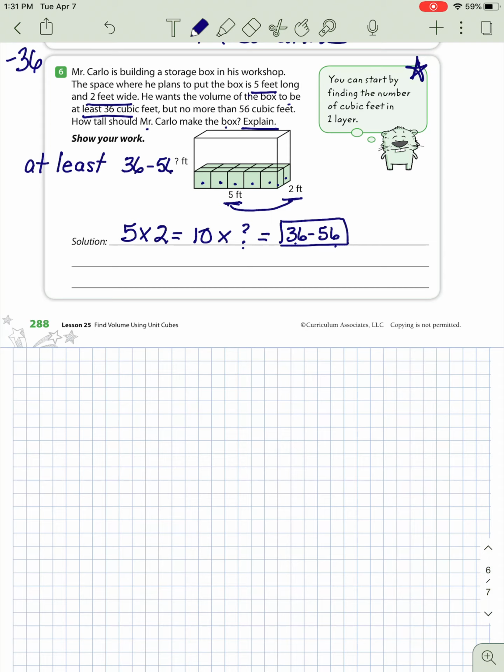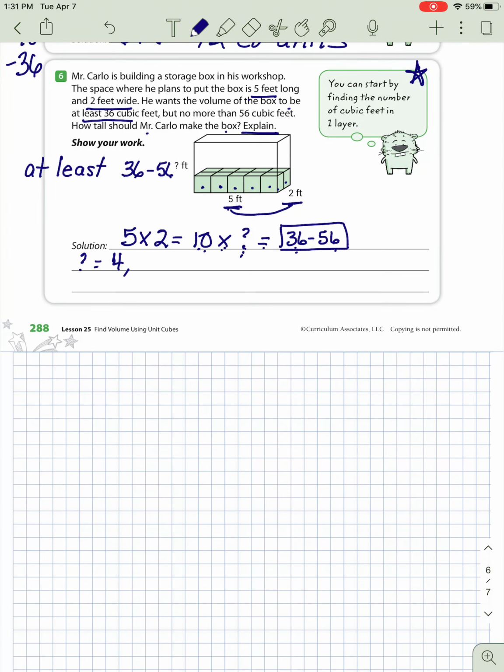So I'm just going to start guessing some numbers. 10 times 4 would be 40. Would that work? Yeah. Would 3 work? No. Why would 3 not work? Because 10 times 3 would be 30, and that doesn't get me to 36. So already I know that it could be 4.